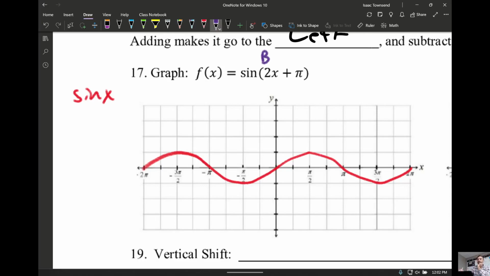Because there is a b value that's not 1, that's going to change the period. So I'm going to try not to go too fast here, but my focus isn't period. We've already talked about period, but period is 2 pi divided by b. So if b is 2, the period of this graph should be pi. So I should squeeze the same pattern in to half as much space.